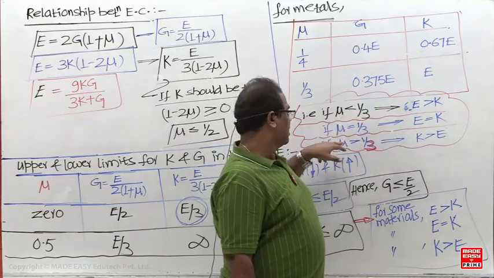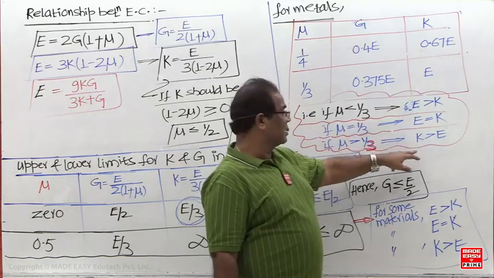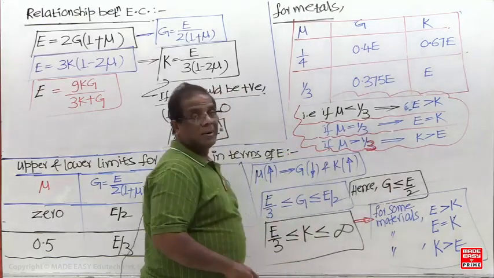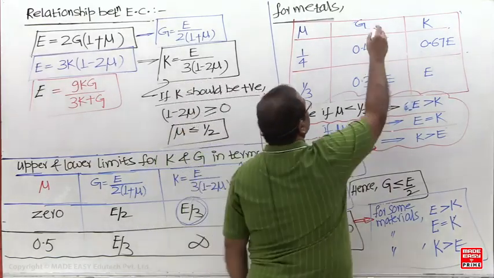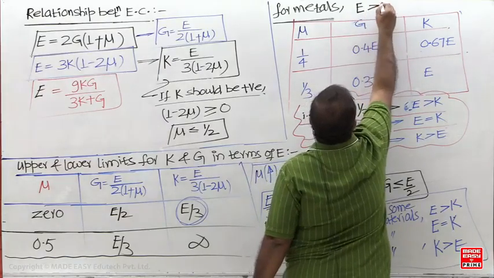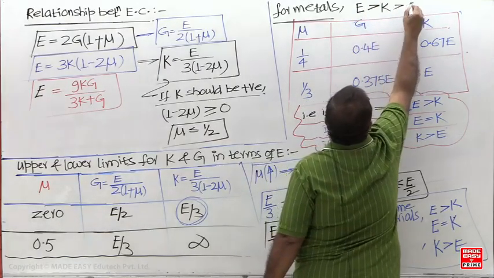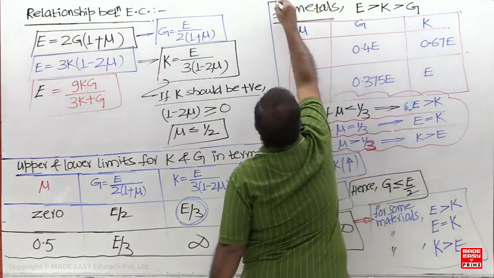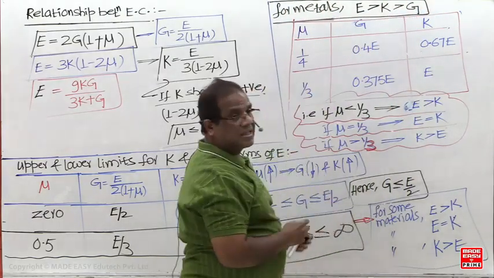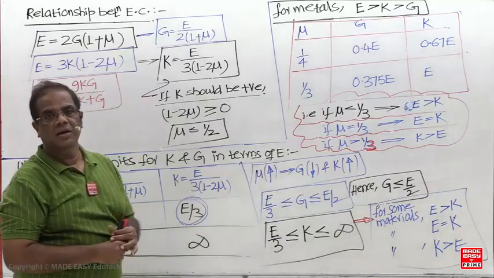Above 1/3, K is greater. Below 1/3, E is greater. So overall for metals, which is more? E is greater than K is greater than G.